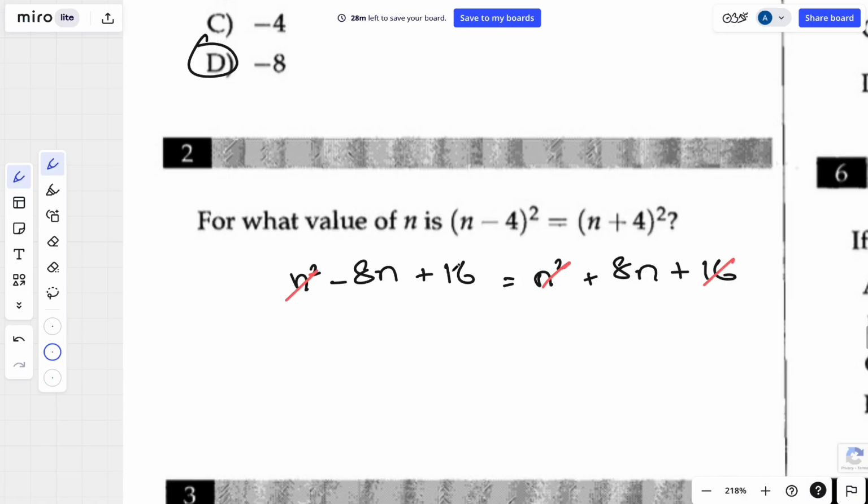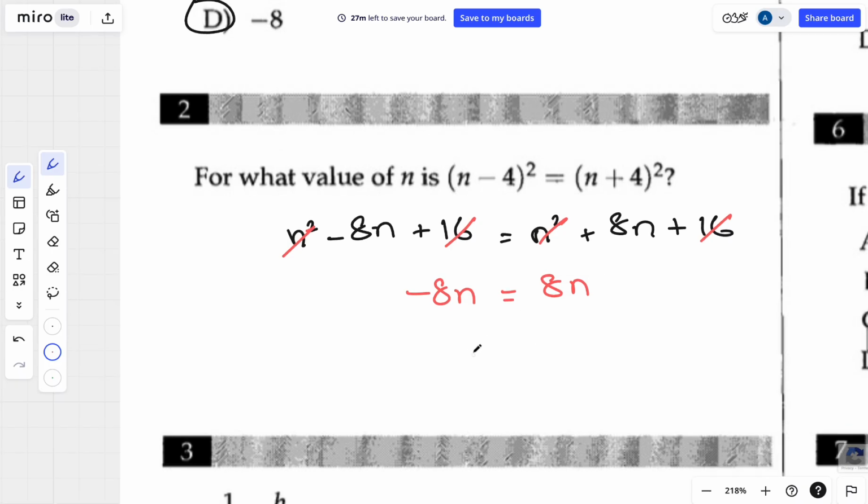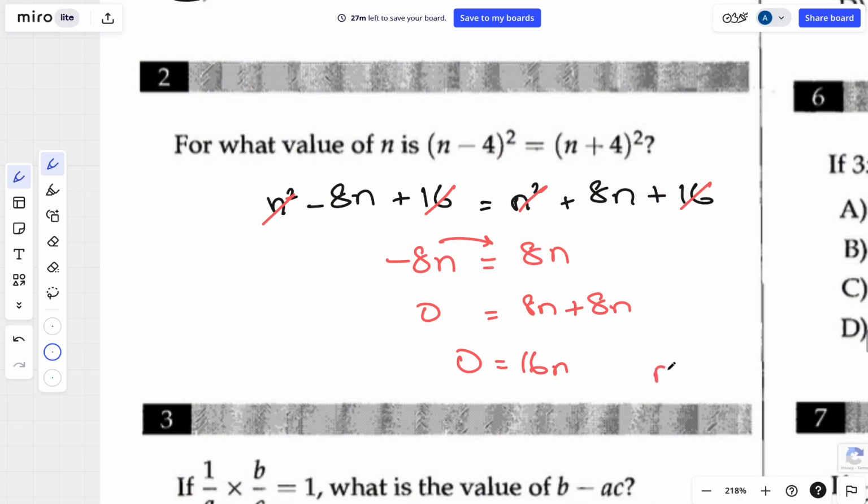We can cancel 16 on both sides. We're left with negative 8n is equal to plus 8n, which means you can take this on this side. So it's 8, so that's 0. 0 is equal to 8n plus 8n. So 0 is equal to 16n, which means n is equal to 0.